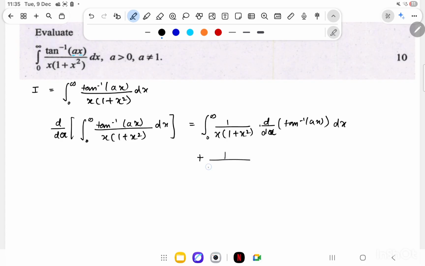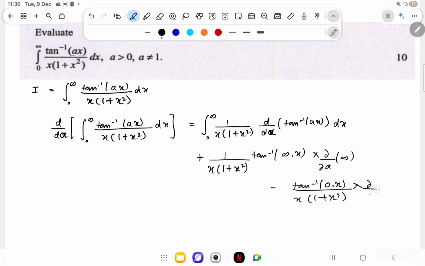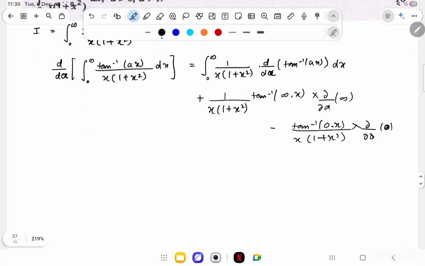Those terms involve tan inverse infinity times x and tan inverse 0 times x, multiplied by the differentiation of infinity and 0 with respect to a, which is 0. So these two terms will reduce to 0.